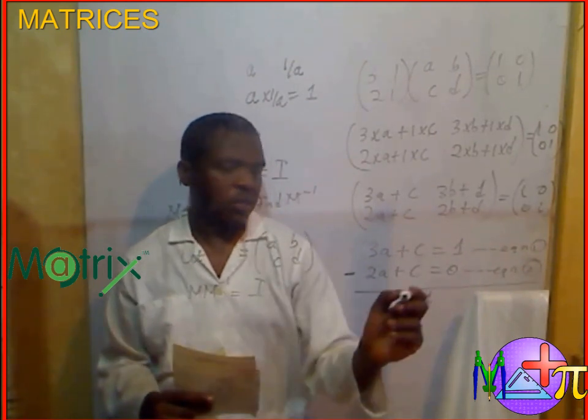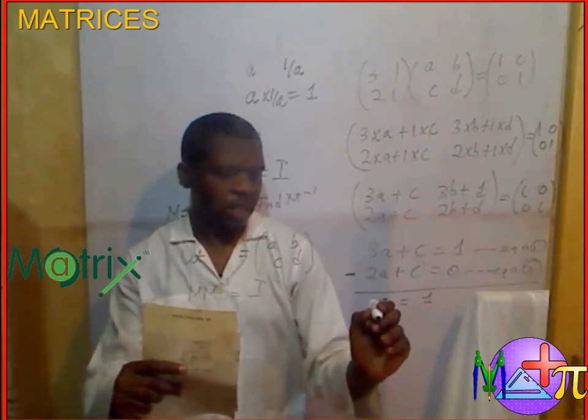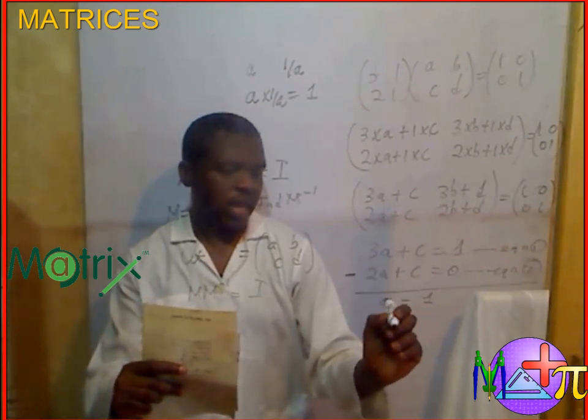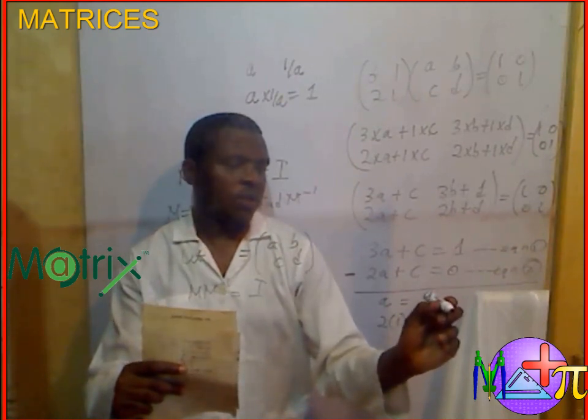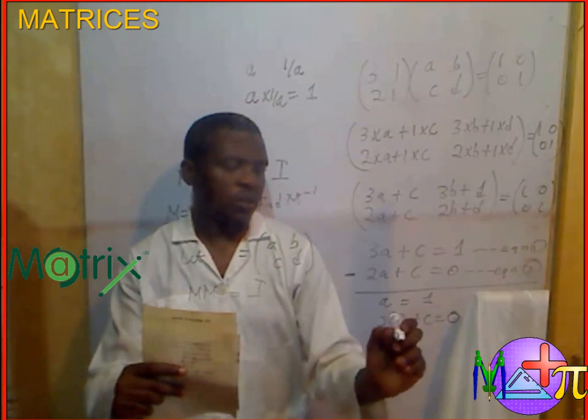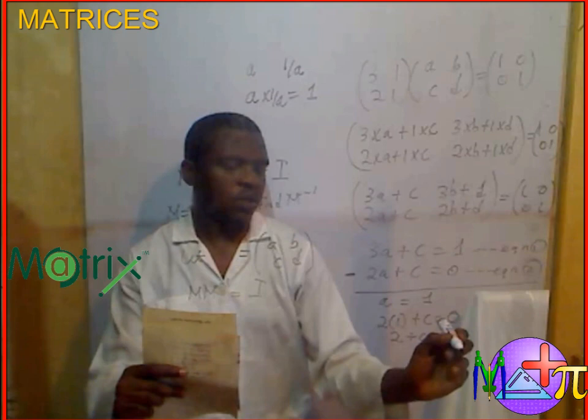Now let's substitute in any of the equations to get C. So I use equation 2. I'm saying that 2 times 1 plus C is equal to 0. This is 2 plus C is equal to 0. C is equal to minus 2.